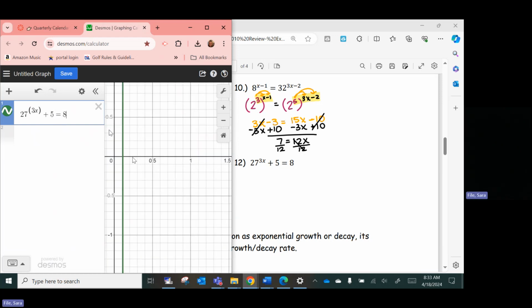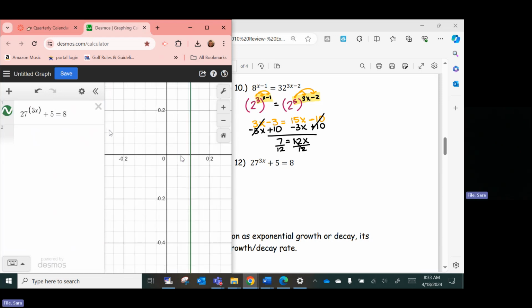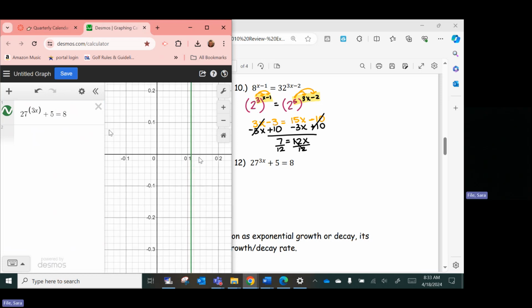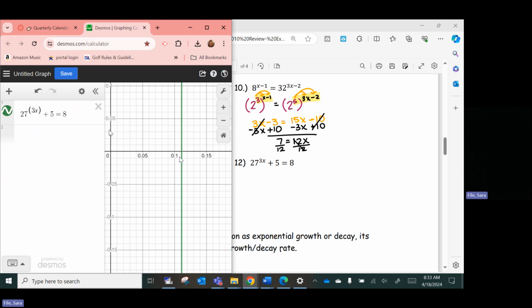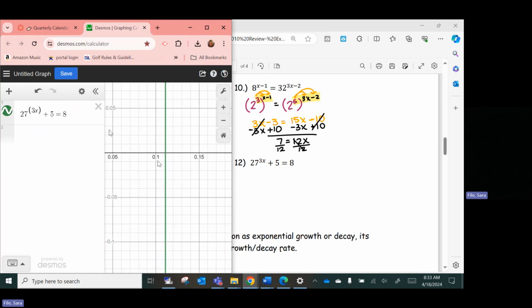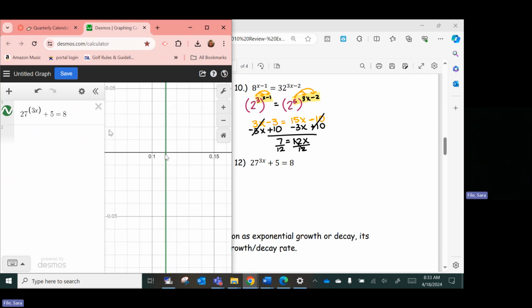Zoom back out. Look, there's that vertical line. Where does it cross? Okay, so I can see if it was multiple choice, I would be able to narrow it down. Well, it's between 0.1 and 0.15. It's close to 0.11, right?